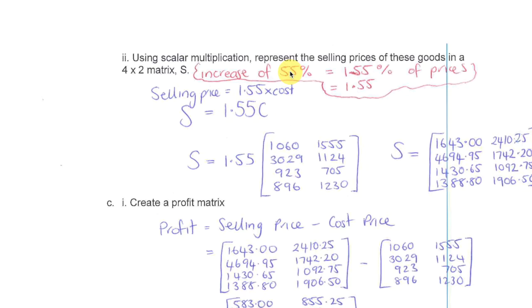But we've got a 55% increase, so 55% as a decimal is equivalent to 0.55, so we need to multiply it by 1.55. So it's just a basic scalar multiplication. 1.55 times matrix C, that was worked out in the previous bit, gives us this matrix here, matrix S, which tells us the selling price to the customers.